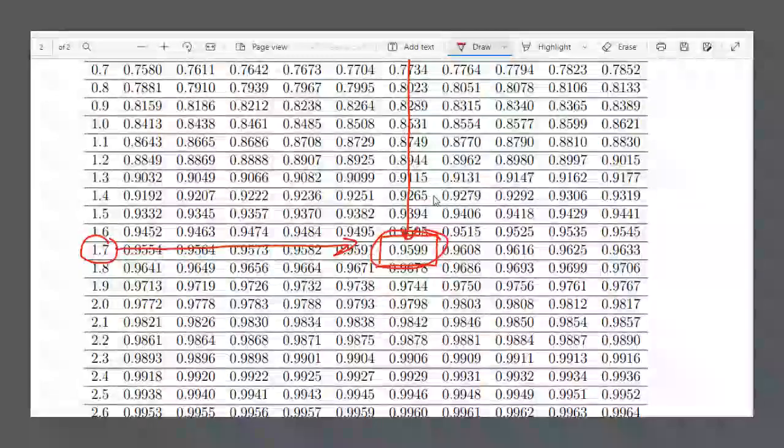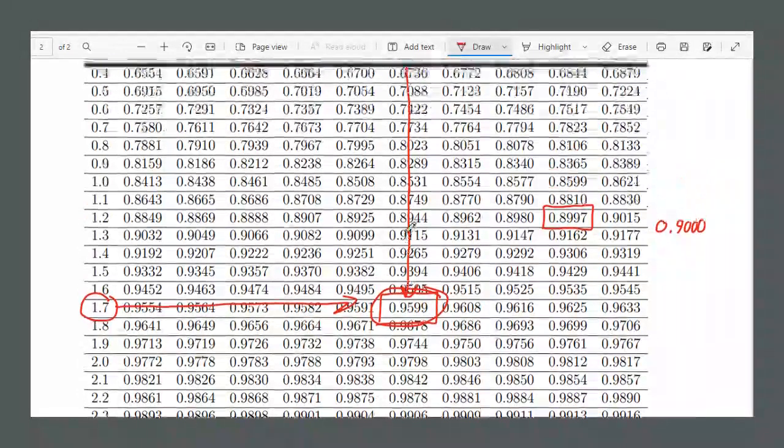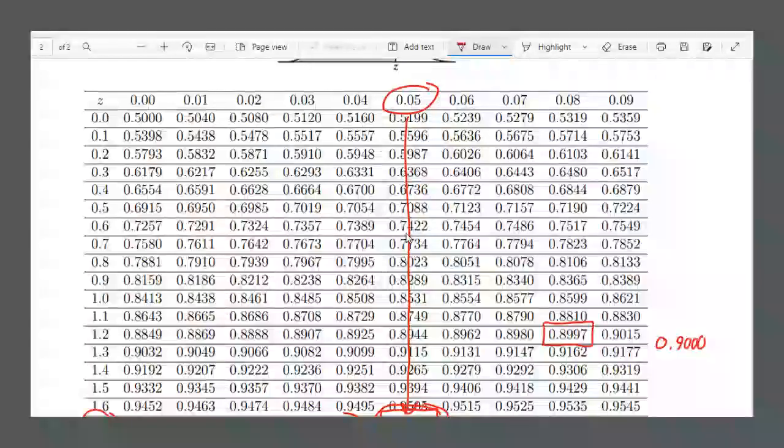So we look around and we see this value right here eventually, 0.8997. That's the value on the Z table, the probability value closest to 0.9000. And we find what Z value does that correspond to?